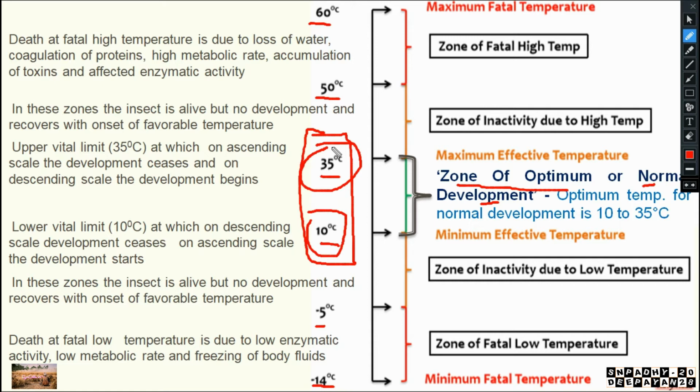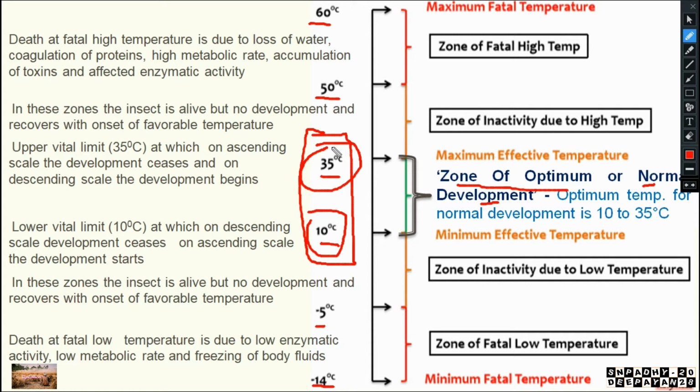This zone is known as the zone of optimum or normal development. Understood? The temperature range is 10 to 35 degrees centigrade. Now we will understand some terminologies related to 10 degrees centigrade and 35 degrees centigrade.